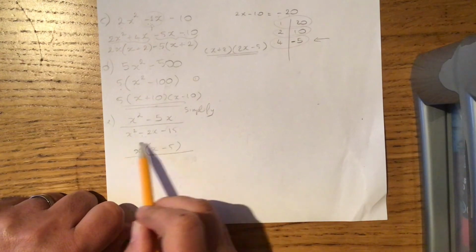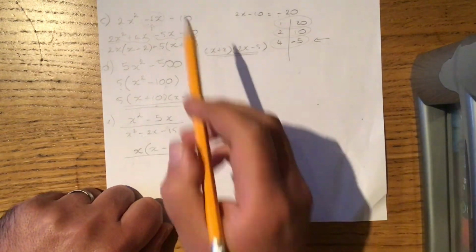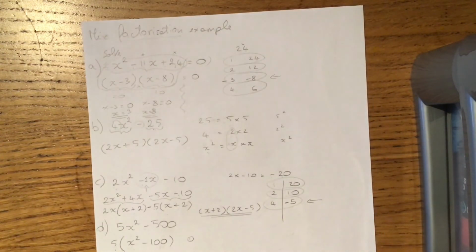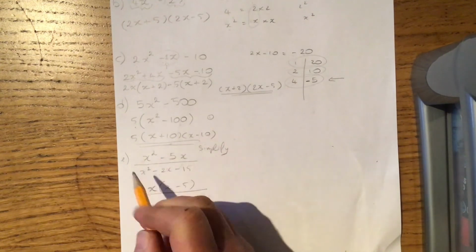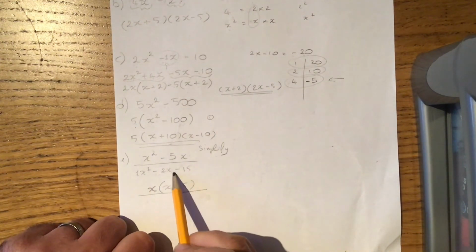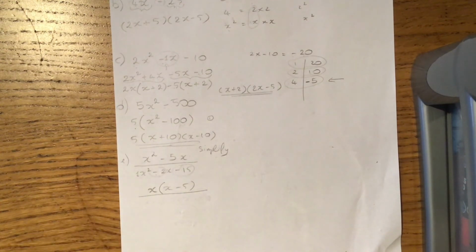For the denominator, we need to factorize this expression. Same as the first examples we've done, the coefficient of x squared is 1. So we need to find the two numbers that multiply together to give you minus 15, and the same two numbers added together give you minus 2.